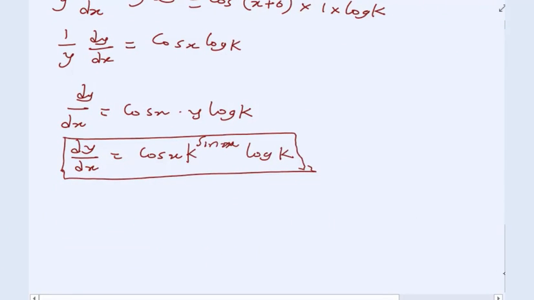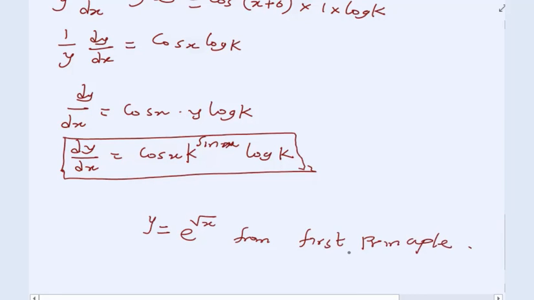I also have a question for you to solve. Try this one from first principle. Y is equal to e raised to the power of square root of s. Try to solve this from first principle.